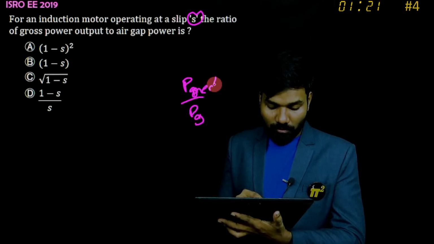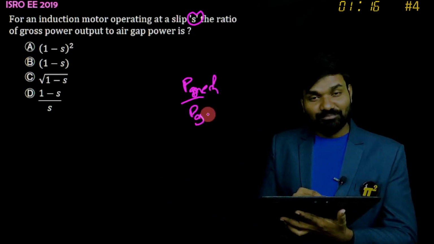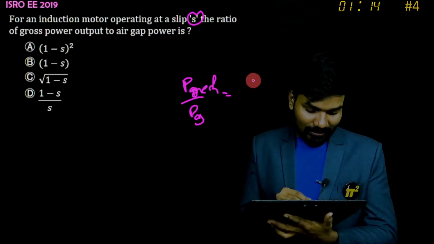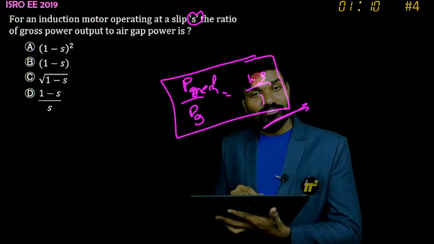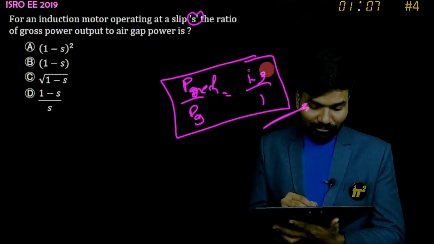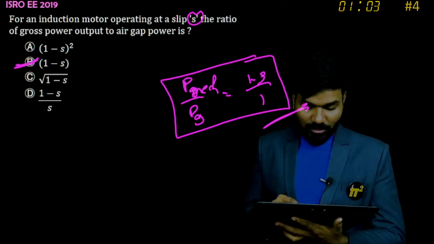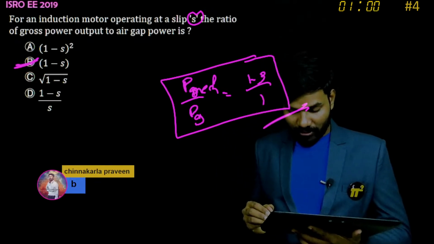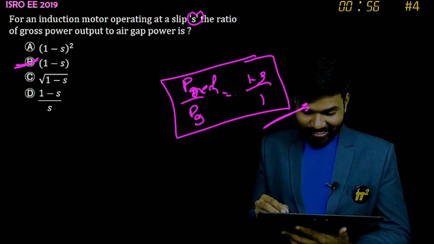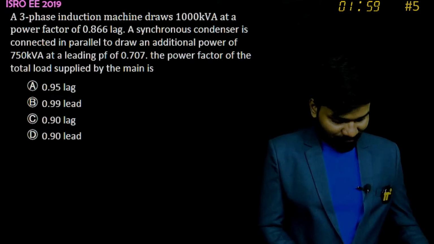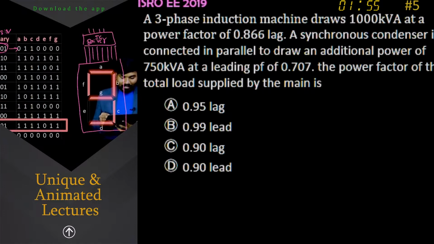So 1 minus s by 1. We have a power relation, and from that relation I'm writing this. You know the relation, right? Direct equation. So this ratio is, yes, answer is B. Praveen, you're right. Ashrit, you're right. Raju, you're not right. Next question. Let's see who is going to answer this one.